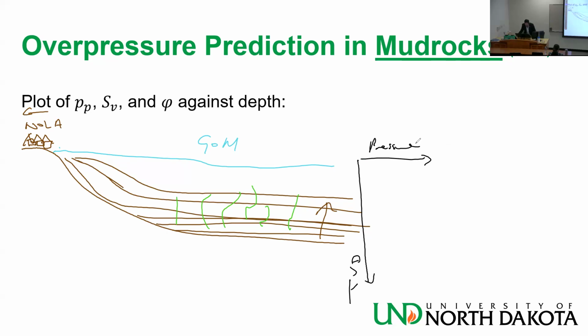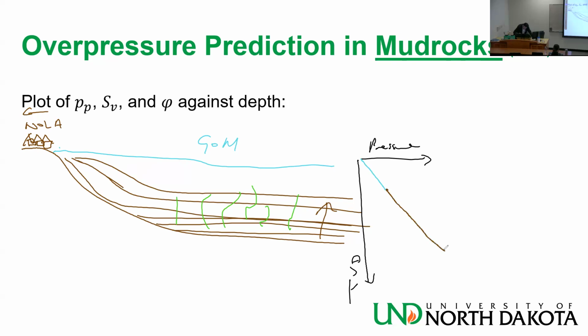So as I go in the water, there is no pore pressure, but there is the hydrostatic weight of the water. And then I carry on with the effective vertical stress. It should be higher, right?